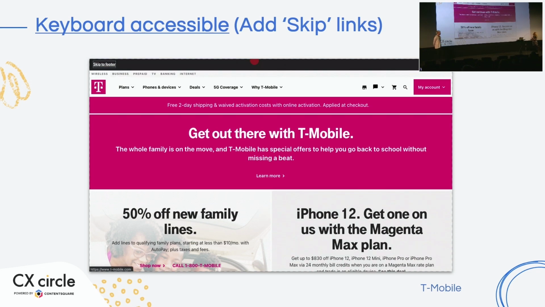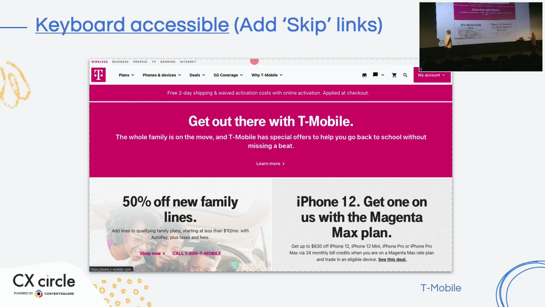So yeah, just adding in skip links. You don't want to go through all of this. It gives people the opportunity to skip to the next part rather than tabbing all the way through and getting all that rubbish that they're not interested in.